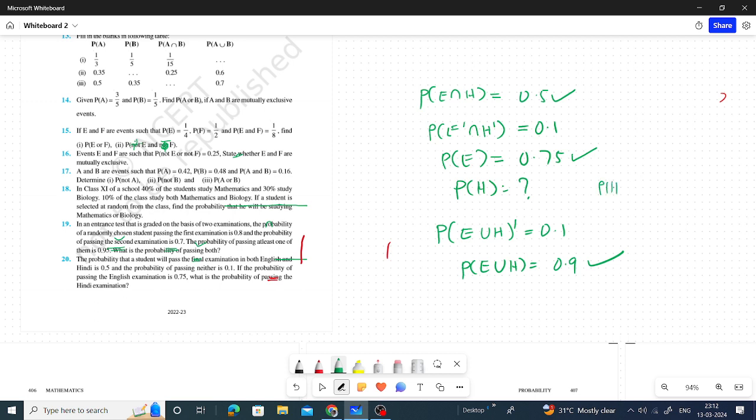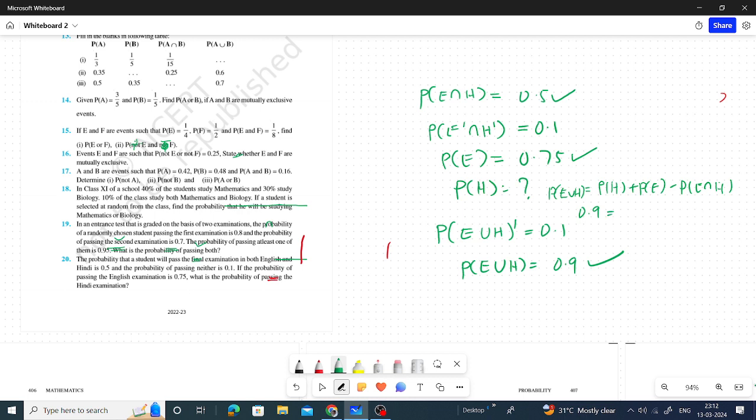Probability of H plus probability of E minus probability of E intersection H is the probability of E union H, which is 0.9.